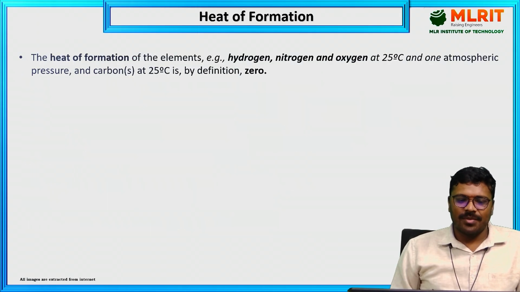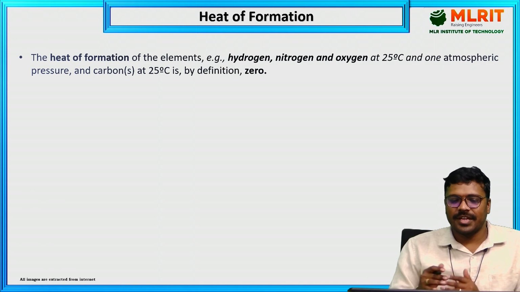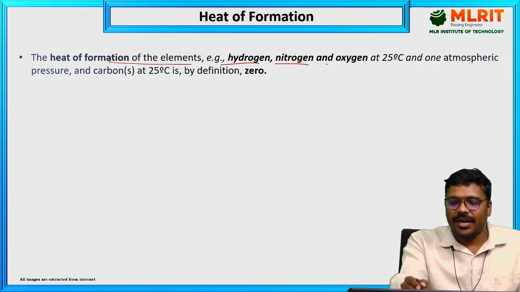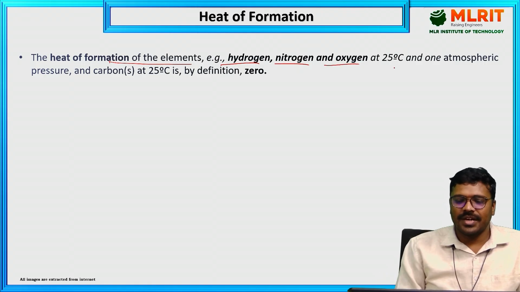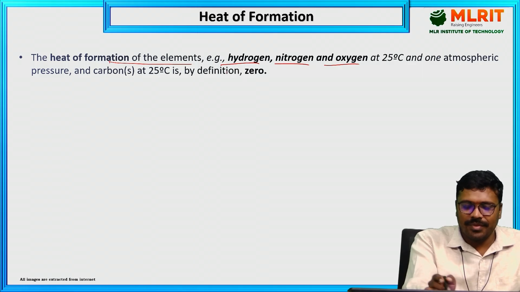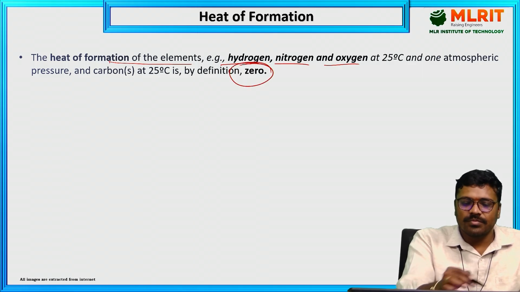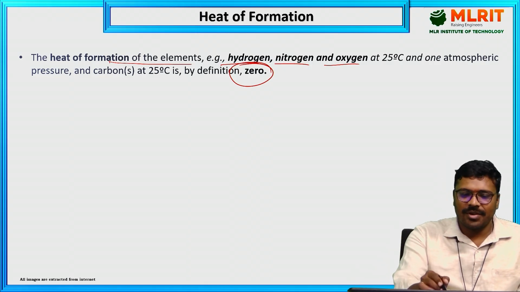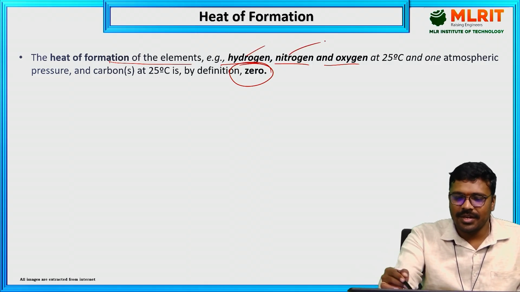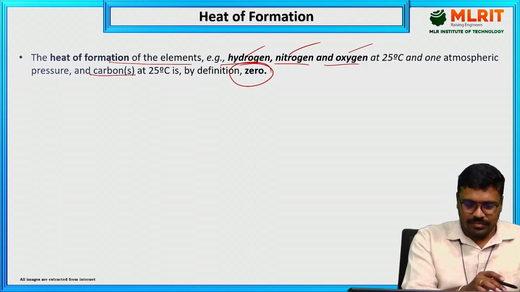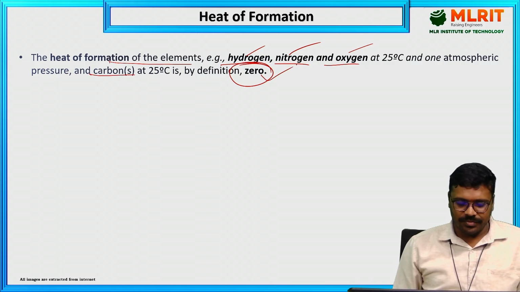So, the heat of formation of the elements. Here there are some basic elements. The heat of formation of elements like hydrogen, nitrogen and oxygen at 25 degrees centigrade and 1 atmosphere pressure is 0. By default, we can consider the heat of formation of hydrogen, nitrogen, oxygen and carbon to be equal to 0.